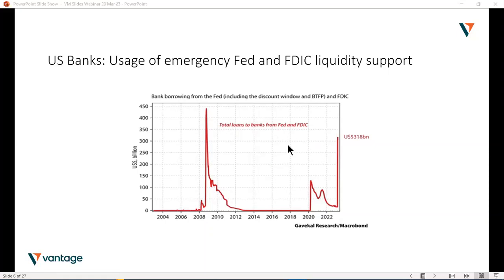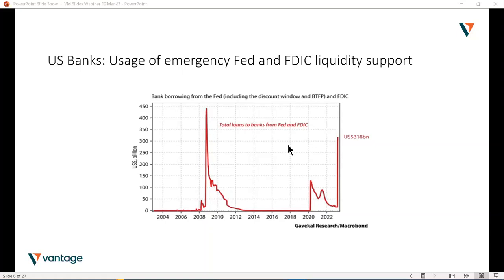This is from last weekend's liquidity support that was put in place by the Fed and the FDIC. That's a regulator in the US, and they offered funds to banks, regional banks especially, to shore up support for the sector.